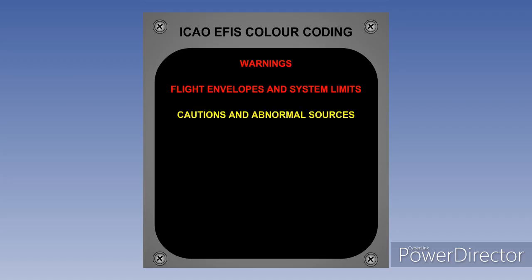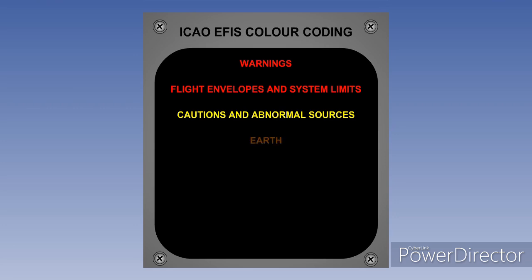The colour coding used on the EHSI is a KO standard, which is also the standard adopted by EASA. EASA document CS25 recommends the following. Warnings are in red. So are flight envelopes and system limits. Cautions or abnormal sources are in amber or yellow.